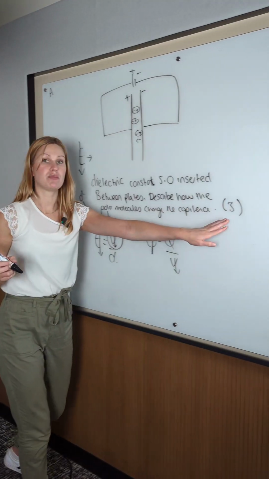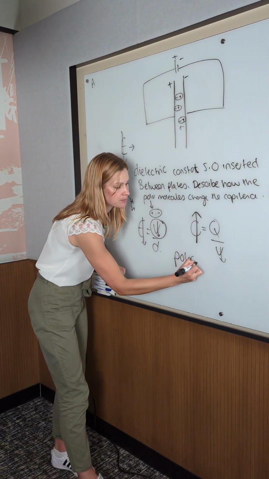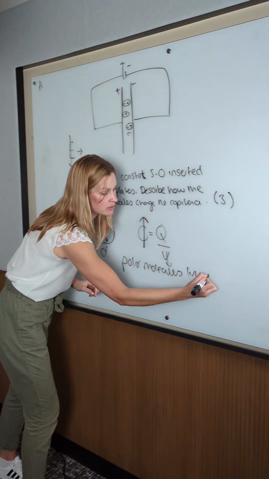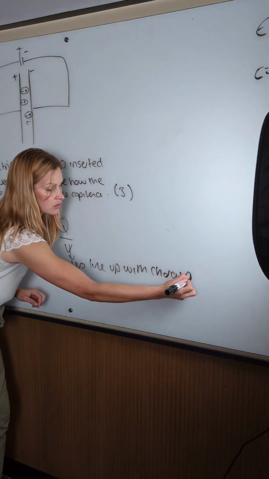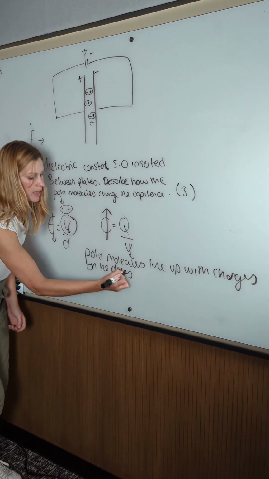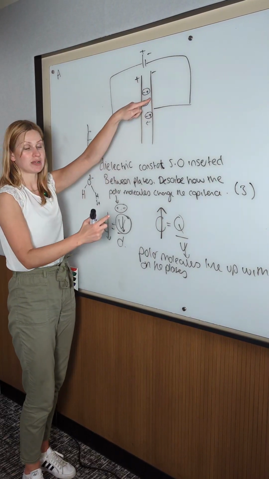So my marks here are for, one, saying that the polar molecules line up with the charges on the plates. So my positive end of the polar molecule lines up with the negative side of the plate.